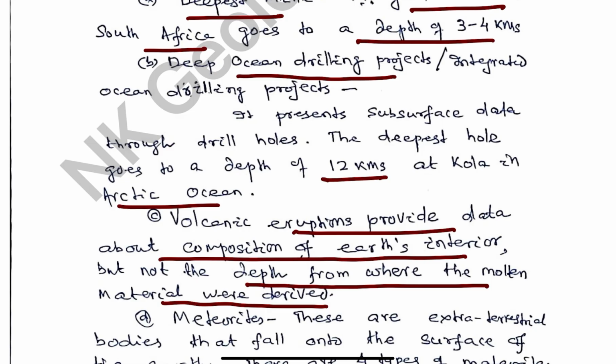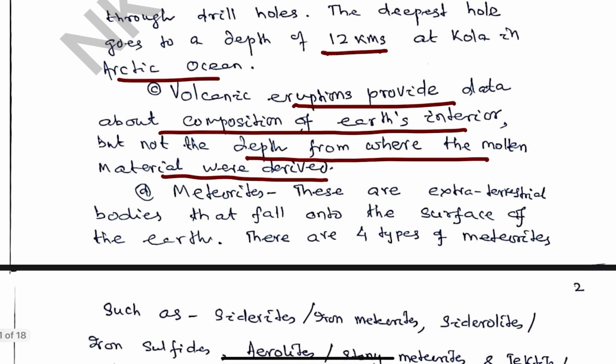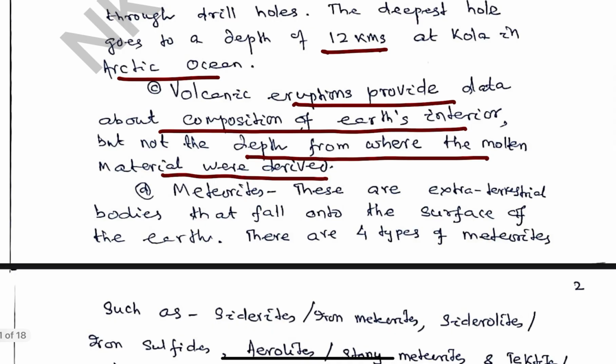But we can be sure with regard to the composition of the earth's interior, or the melt composition, which is the composition of solid crust, solid rocks which have been melted, and the magma has been produced out of the melt of rocks. So what might be the composition of the rock types within the earth interior? That can be known from the volcanic eruption.